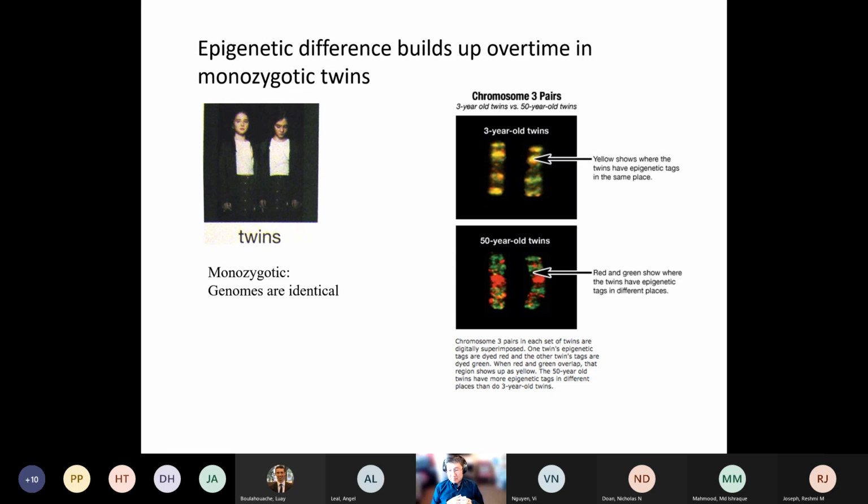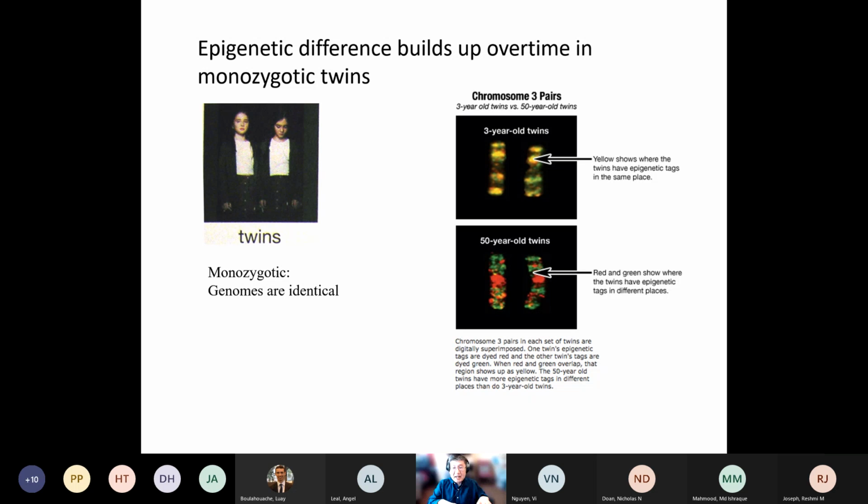And then second, I want to introduce this interesting observation that tells you epigenetics does play an important role in gene phenotypes. So we have this monozygotic twin. What is a monozygotic twin? Basically, they develop from the same fertilized egg. So twins can be of two different kinds.